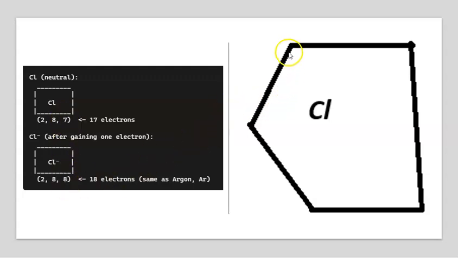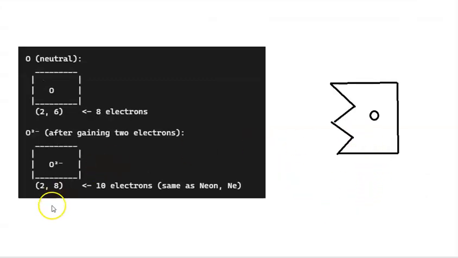That's why chlorine gains 1 electron, and then I make this figure. Oxygen needs 2 electrons because it has only 6 electrons, then it needs to gain 2 electrons and make the oxide ion to get the noble gas configuration.